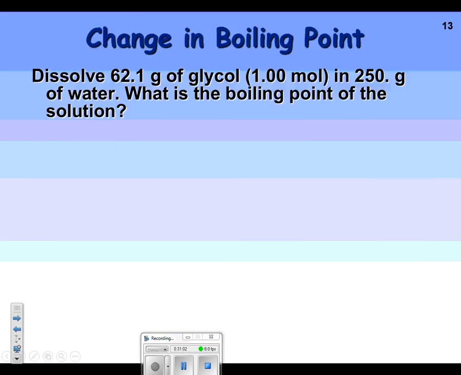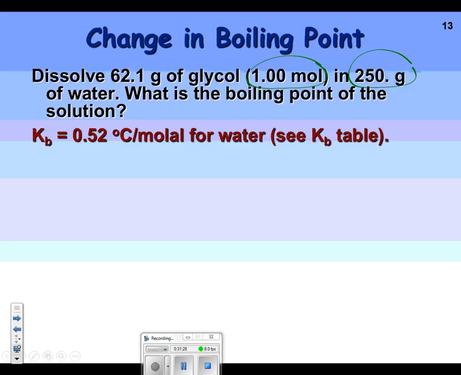Say that I had 62.1 grams of glycol, which is 1 mole of glycol. I'm not even making you calculate moles. So we got 1 mole of glycol in 250 grams of water. What is the boiling point? So what's the first thing I need to figure out? Grams to kilograms, good.